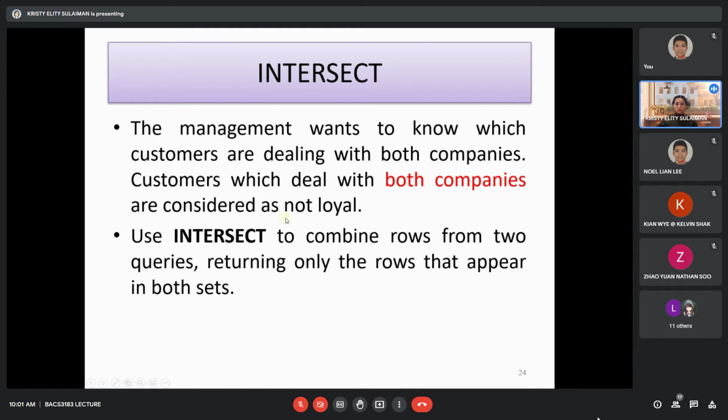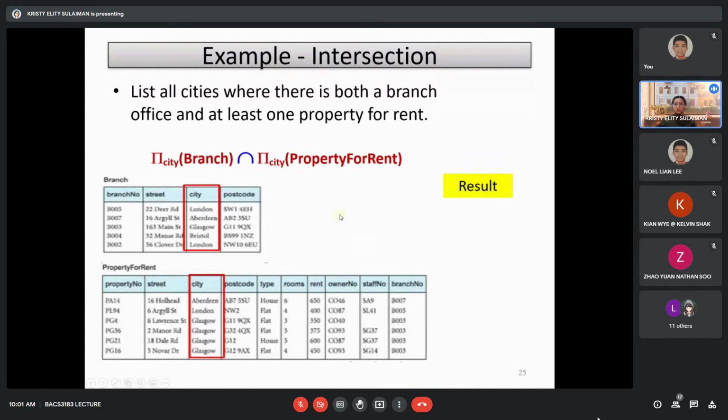Now let's look at an example of intersection using the Dream Home database. Here we want to list all cities where there is both a branch office and at least one property for rent. As in the previous example, we produce union compatible relations by projecting the branch and property for rent relations over the attribute city.